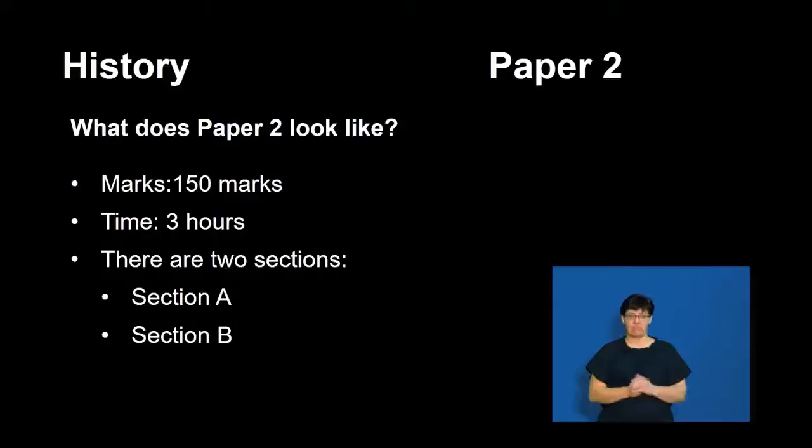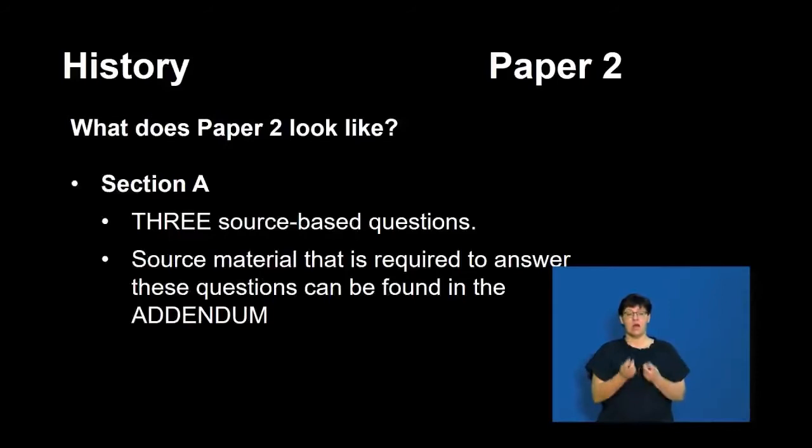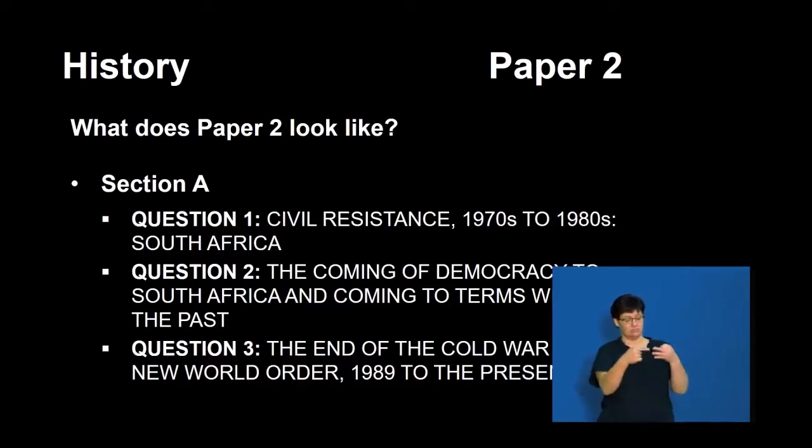Okay, let's carry on. So, if you look at section A, there are 3 source-based questions, and there will be a source material booklet that contains the different sources that are required to answer these questions. There are 3 questions that you have to choose from.